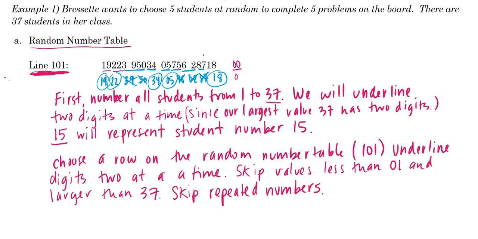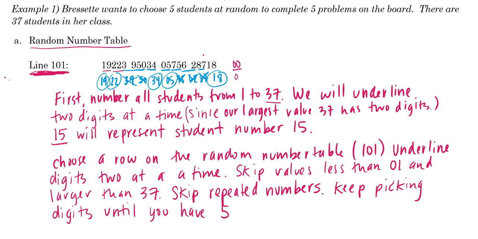And then I'm going to finally say, well, I need 5 people for this sample, so I'm going to keep picking digits until you have 5 unique students.